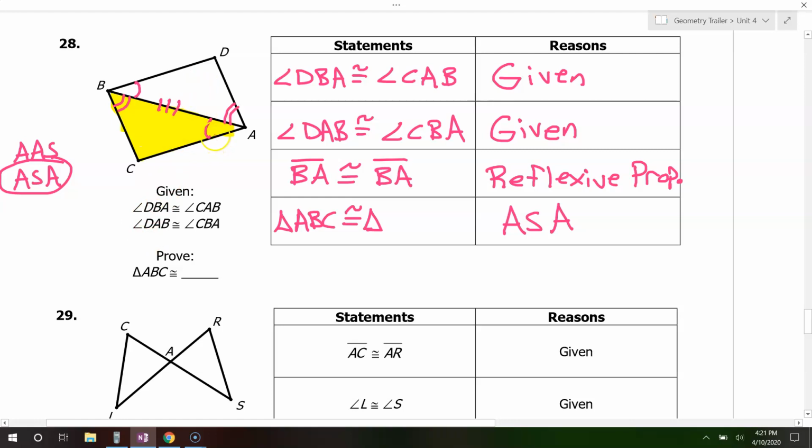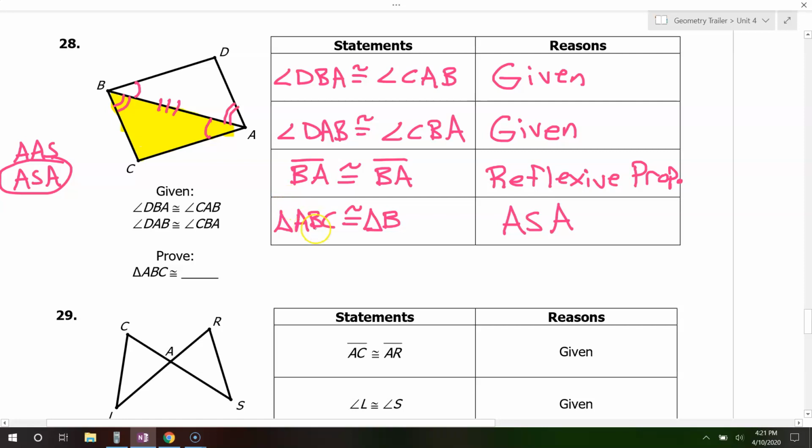Yellow angle A corresponds with white angle B. See, the single mark is on A, but then the single mark is on B. So don't assume that A matches with A. This time they're flipped around backwards.